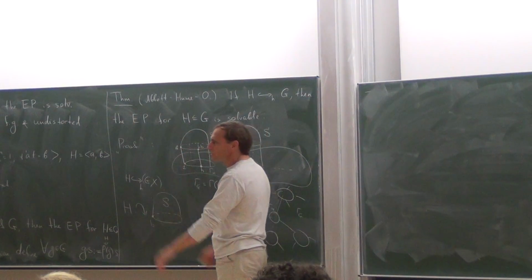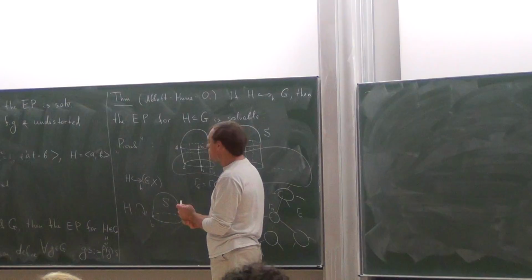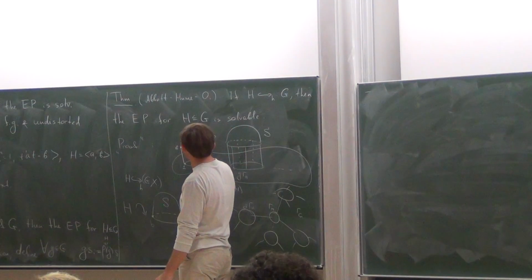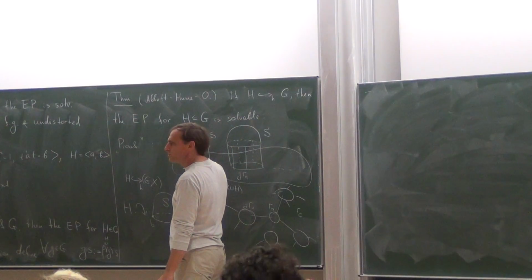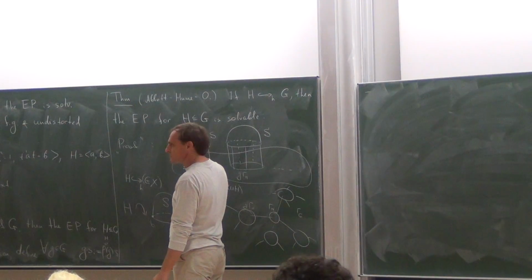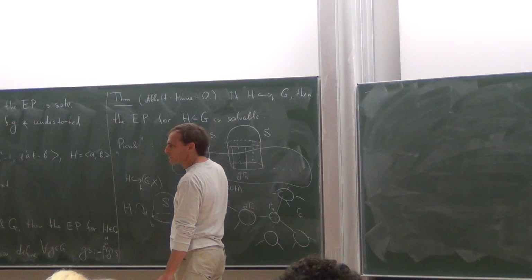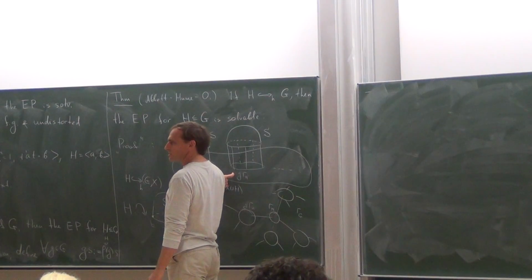That's what we call the induced metric. So first you say that the distance between any two elements here is the distance in S. Here it's just the distance inside the mesh. Here it's the distance just inside the graph.